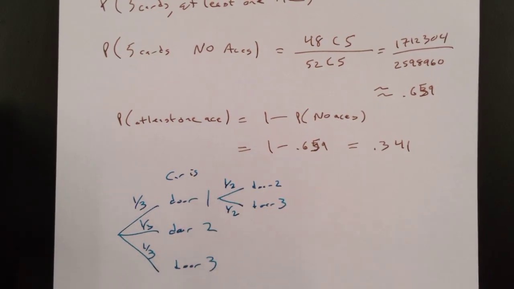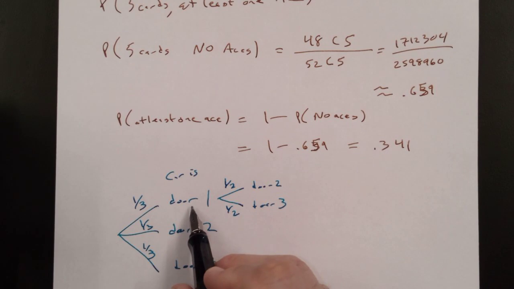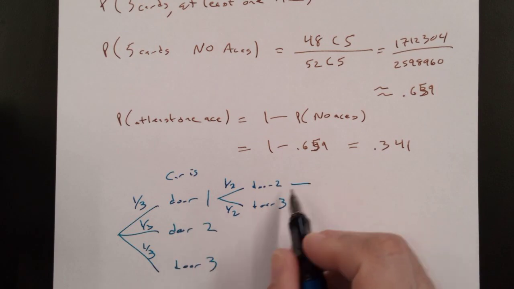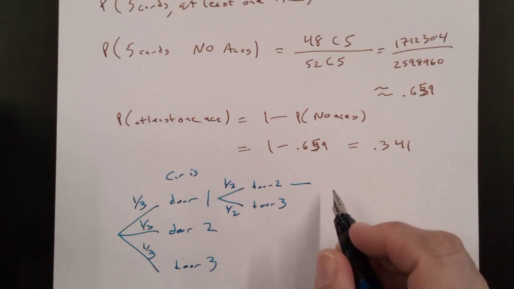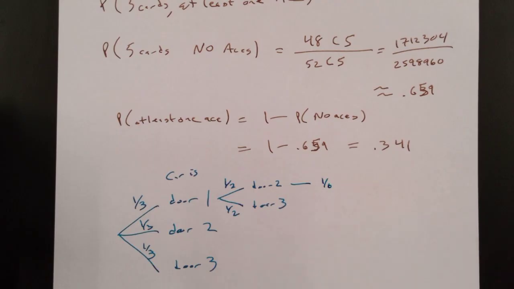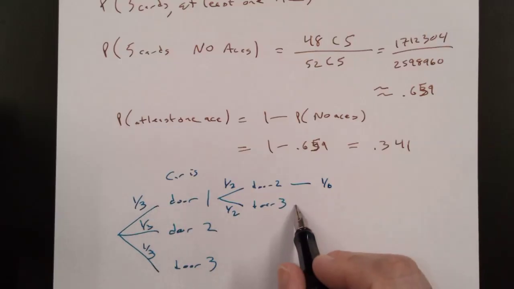And that means the chance of me opening door 2 when the car is behind door 1 is 1/3 times 1/2. Follow the branches and multiply.